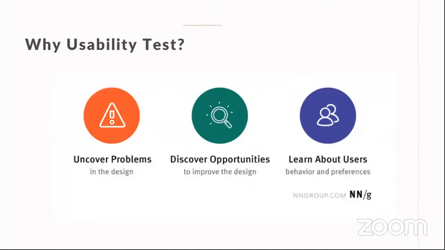The truth is that there will always be biases from everyone involved in building a product, from the designer, even the stakeholder, the developers. Everybody will have a bias because they spent time, effort, and even money trying to build that product.